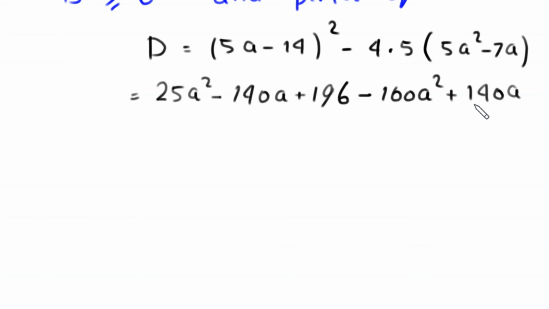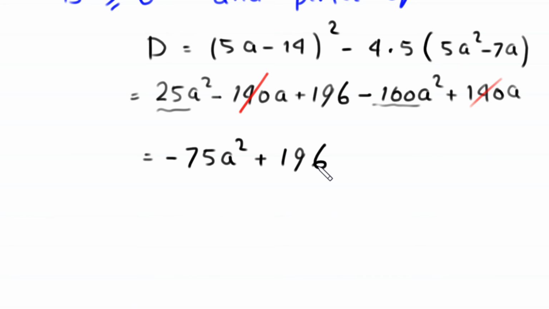This 140a will cancel out with this negative 140a, and 25a squared minus 100a squared will become negative 75a squared plus 196. So this is the discriminant of this quadratic equation, and for b to be an integer, this discriminant must be greater than or equal to 0.